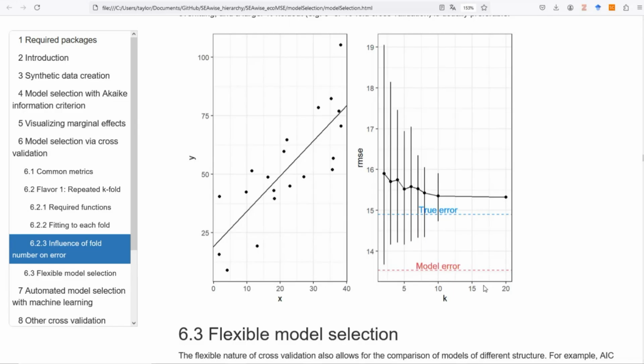And it's the model error that's usually slightly more optimistic because it's actually seen all of the data in its fitting. It's not necessarily overfit, but it's seen every data point, and this is typically what's going to happen, is that the error is going to be slightly lower than reality. So cross-validation not only provided a less biased estimate of the error, but you can also see how it approaches the true error as you increase the number of folds.